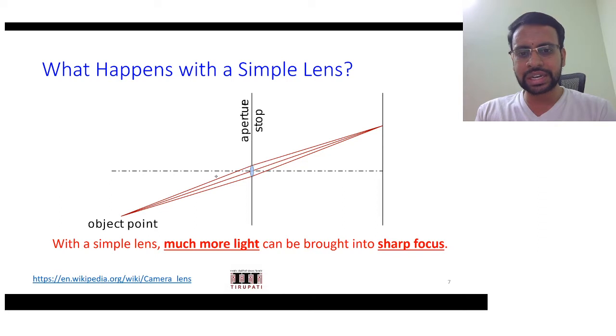First, all the rays of light coming from this object point get focused onto one point, so you get sharp focus. And it's not just a single ray of light contributing here, but multiple rays depending on the diameter of your lens. So you have much more light and sharp focus.